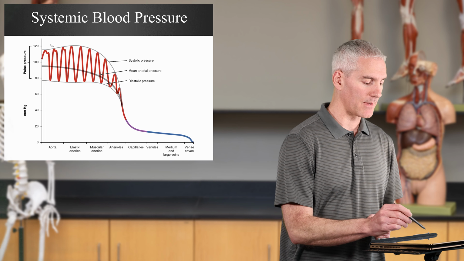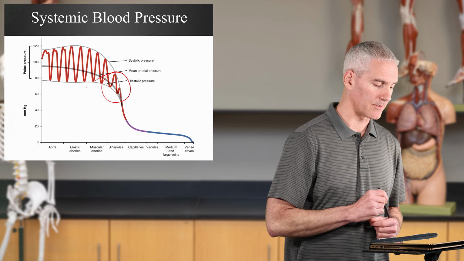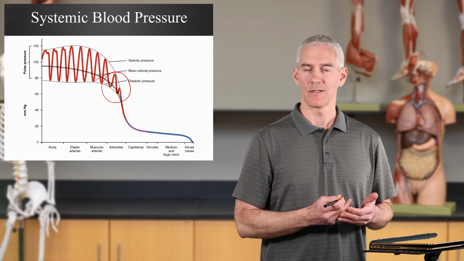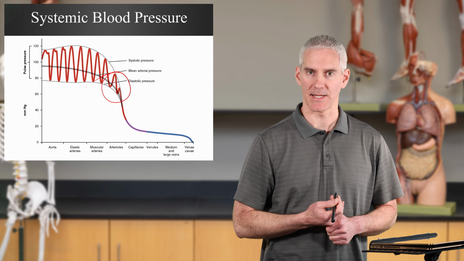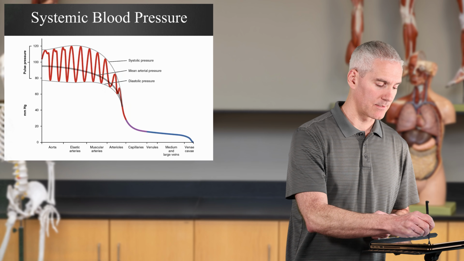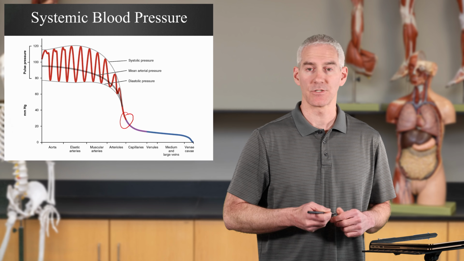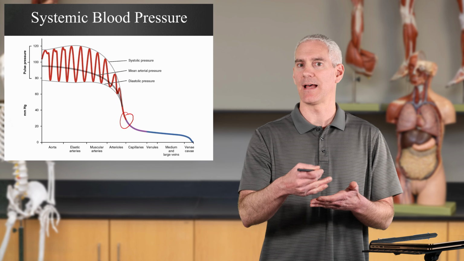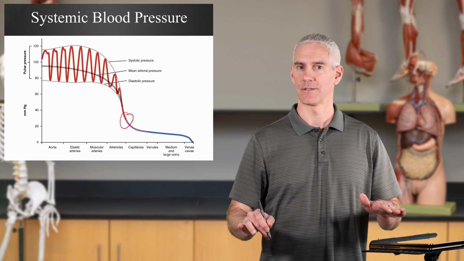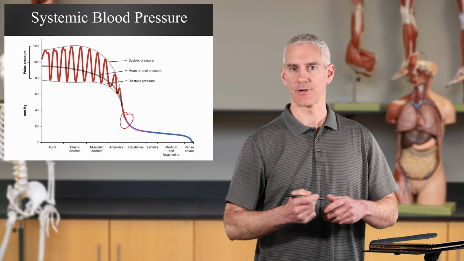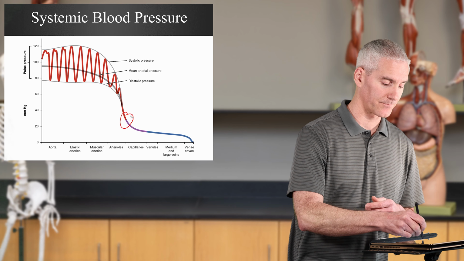But as you get further from the heart, notice over here, the arterioles, where the pressure really starts to drop. The pulsate aspect is also dissipating. It's gone completely by the time you've hit the capillaries. There's no pulsate pressure. You don't have that pulse. It's just one steady flowing pressure in the capillaries and the venules and the veins.